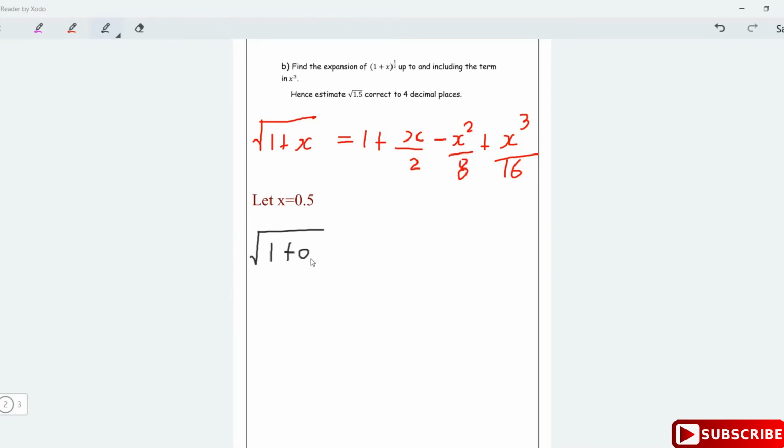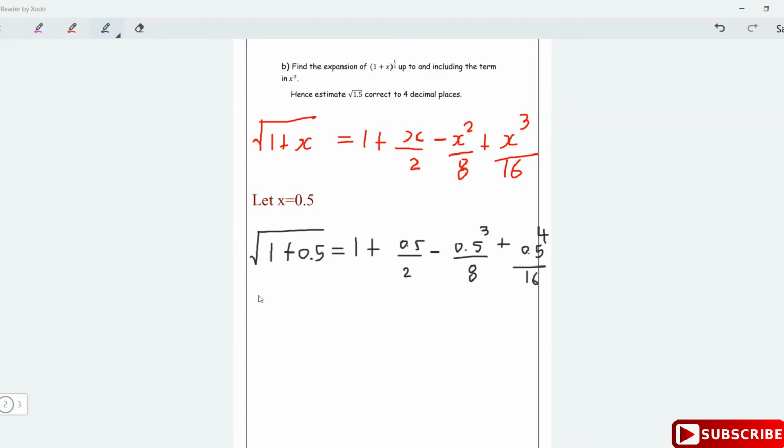So the square root of 1 plus 0.5 is equal to 1 plus 0.5 over 2, minus 0.5 cubed over 8. Then you have 0.5 to the 4 over 16. That's what you get. Easy.